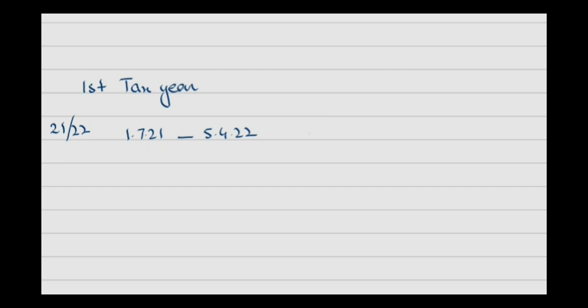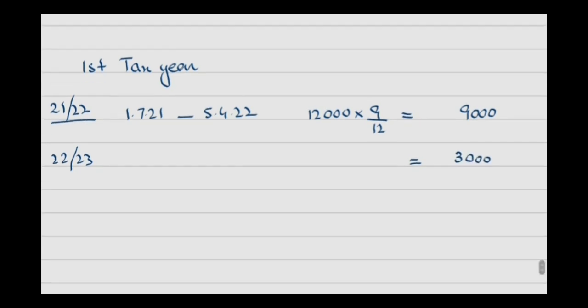The total loss suffered is 12,000 in the first whole tax year. We have to identify that 9 months of this loss relate to the tax year 21-22, right? And the remaining loss would be considered, as losses are not overlapped, in the year 22-23.